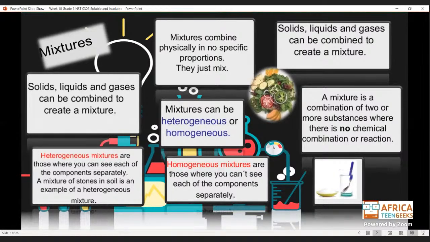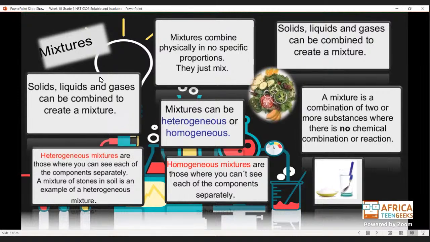This is kind of what we introduced yesterday about mixtures, that mixtures can be heterogeneous or homogeneous. A mixture is a combination of two or more substances and there is no chemical reaction. A heterogeneous mixture is different to a homogeneous mixture.